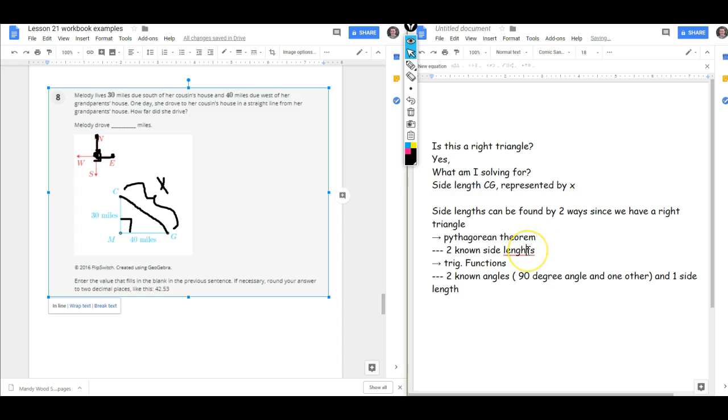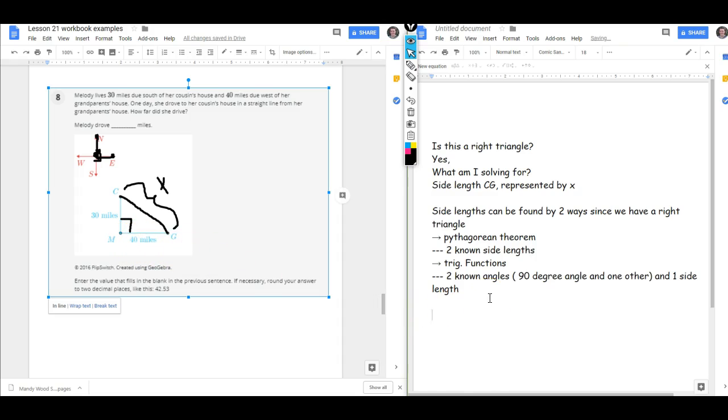Looking back through this, I see no other angles, angle C or angle G, so I'm not going to use the trig functions. Do I have enough information to use the Pythagorean theorem? I have a 30-mile side length and a 40-mile side length, so yes.